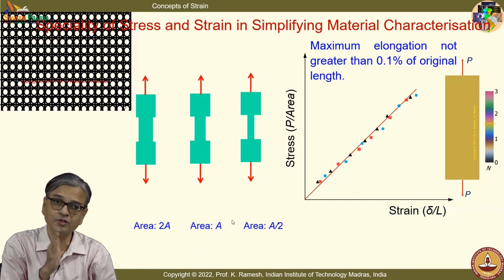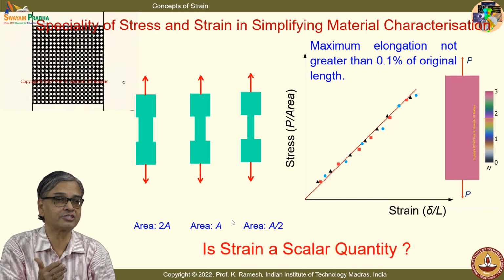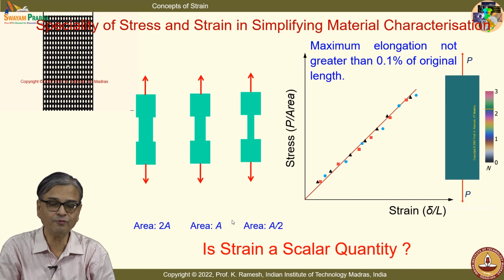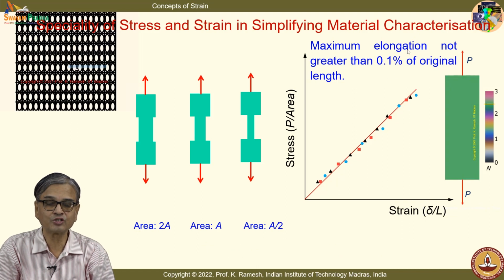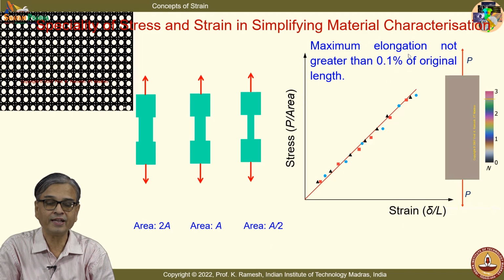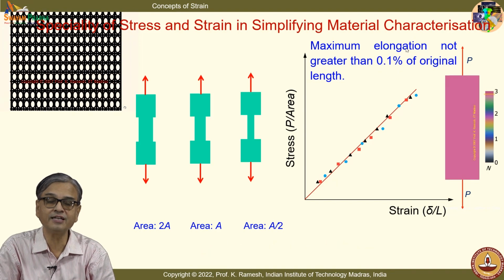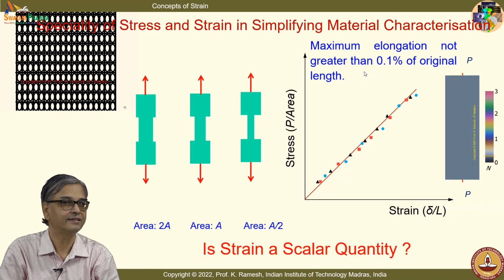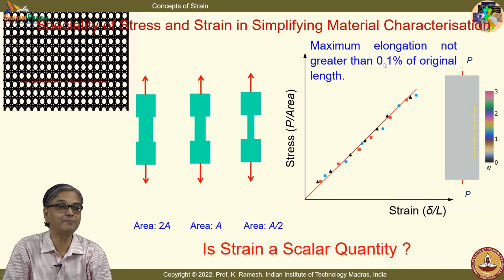This was also the birth of the concept of stress. This is also the birth of the concept of strain. And what you will have to note down is, this is all discussed when the deformation is within 0.1%. Fine? That 0.1% is very, very important.